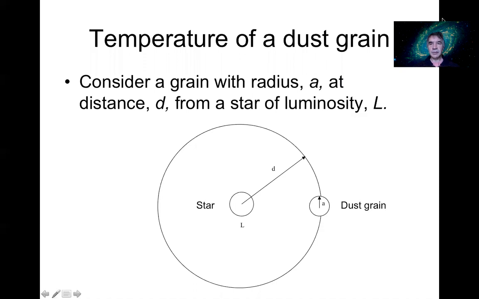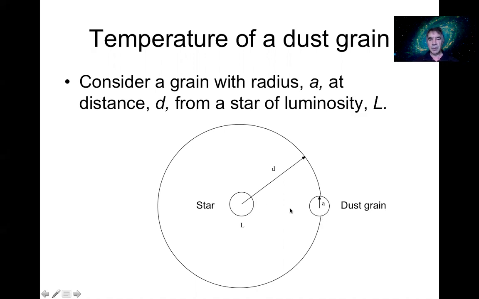Okay, so let's think a little more about the physics of what's determining the temperature of a dust grain. I've got a schematic diagram here, obviously not to scale. We've got a star in the middle with a luminosity L, and a dust grain with a radius a, some distance d away from the star.